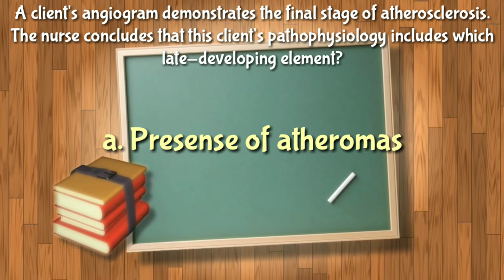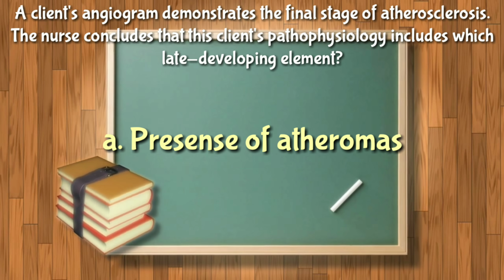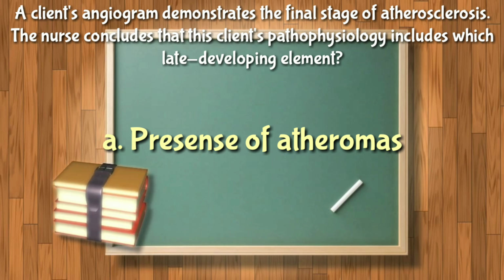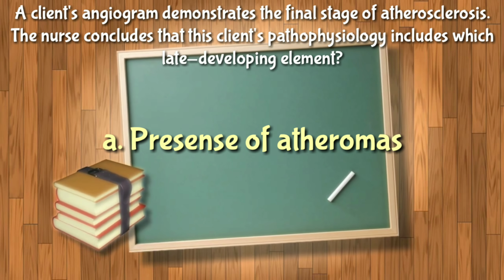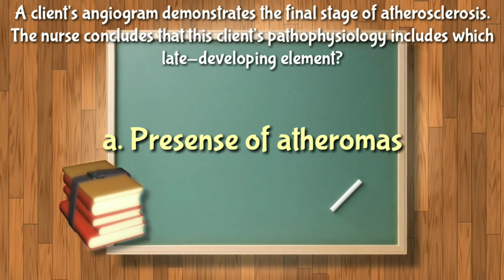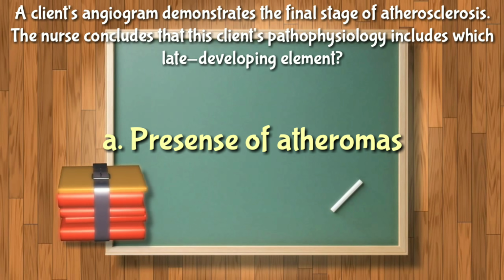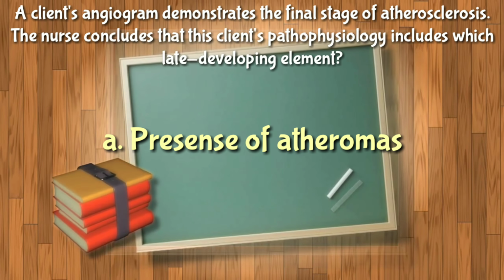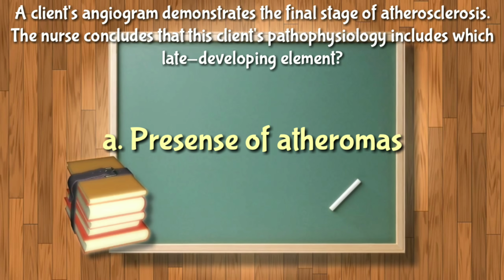Always remember that the final stage of the atherosclerotic process is the development of atheromas, which are complex lesions consisting of lipids, fibrous tissue, collagen, calcium, cellular waste, and capillaries. The calcified lesions may rupture or ulcerate, stimulating thrombosis. That is why that is the final stage. Now let's proceed to the next question.